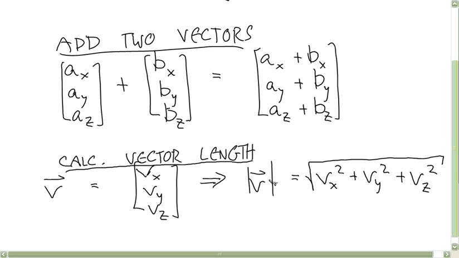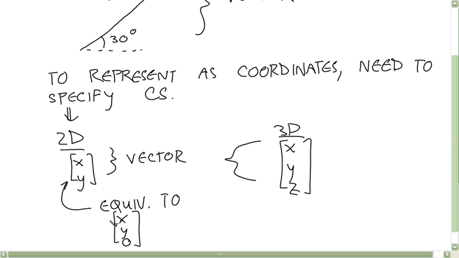Okay, and this is the notation with the absolute value sign. To think of a 2D vector, just think of it as having the z component equal to 0.